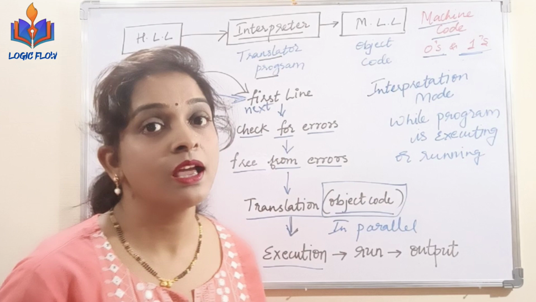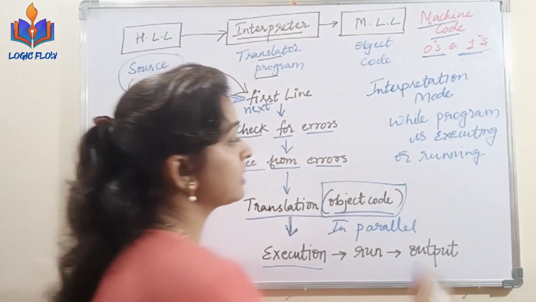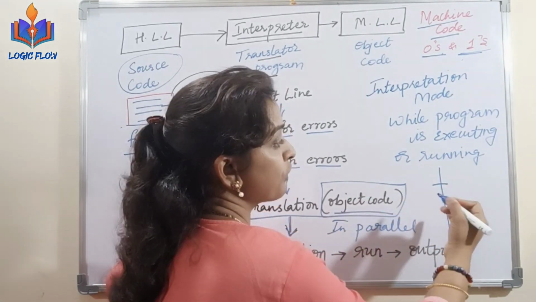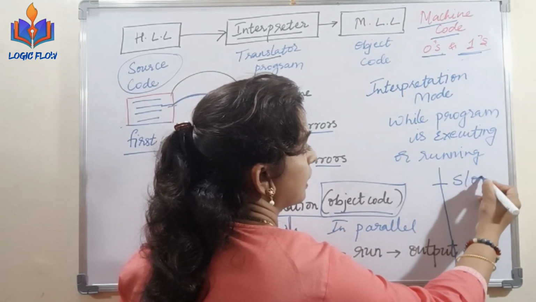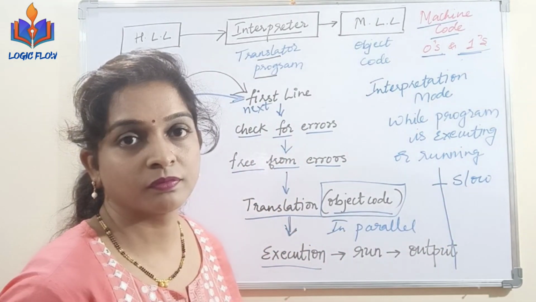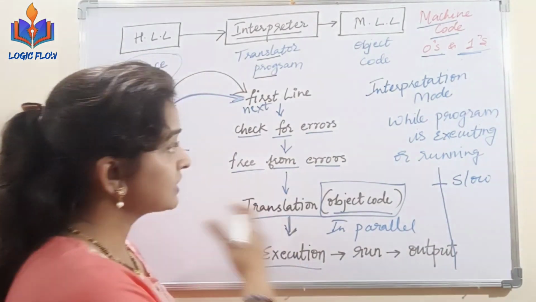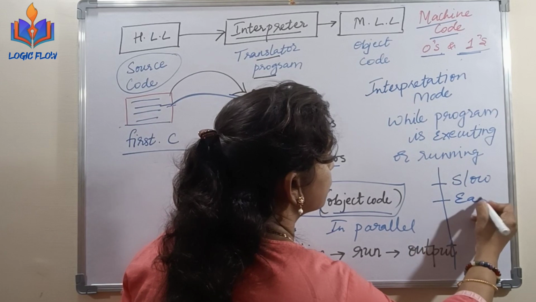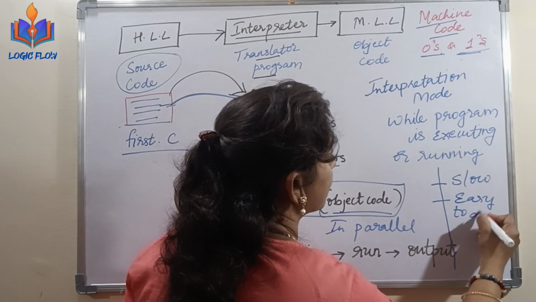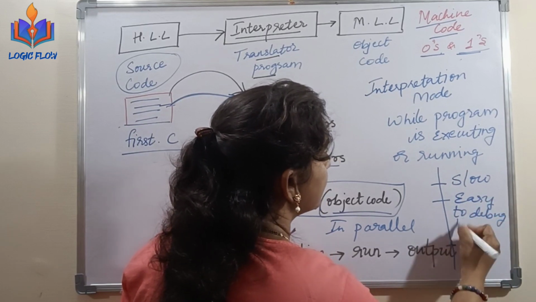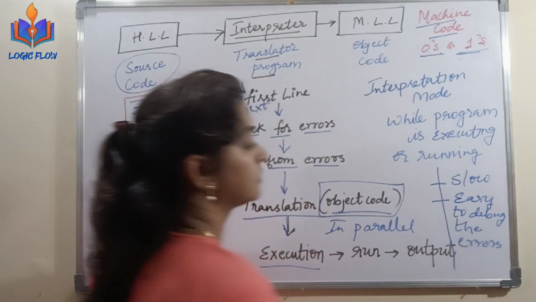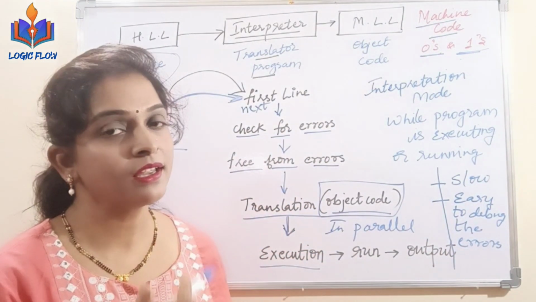So in the interpreter, the process of interpretation is very slow. But as it is line by line interpretation, it is quite easy to debug the errors. So this is what it is about the interpreter.